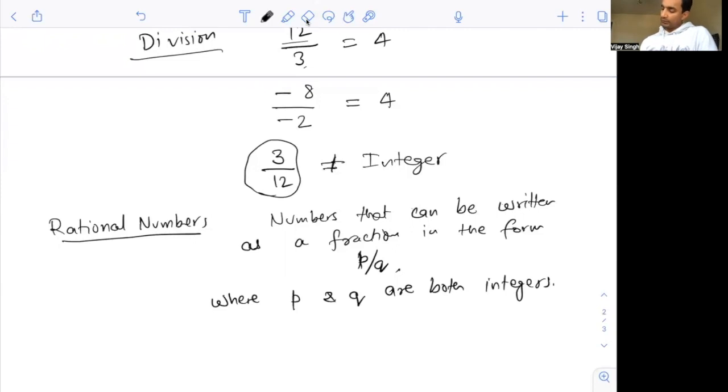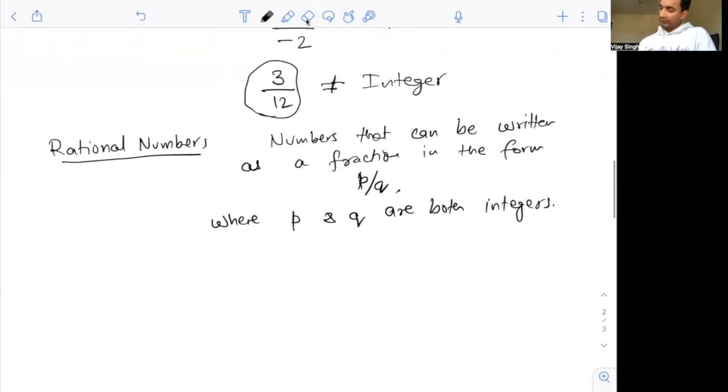So if you look at now the numbers that we had, we had 0, 1, 2, 3, and so on. Similarly, we had minus 1, minus 2, minus 3, and so on. Now that we have these rational numbers, we can also define numbers in between these quantities. So let's say we can take half.